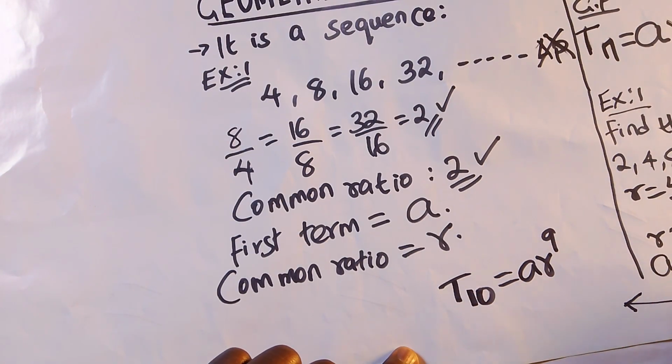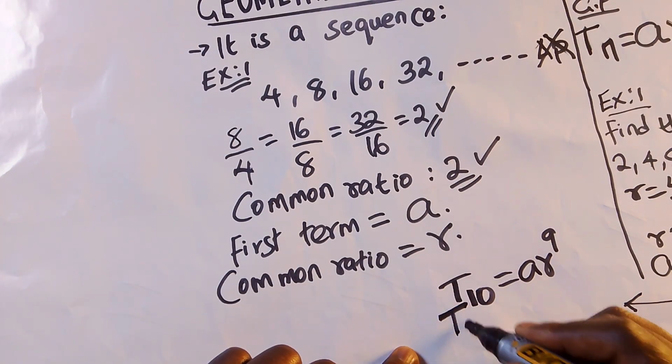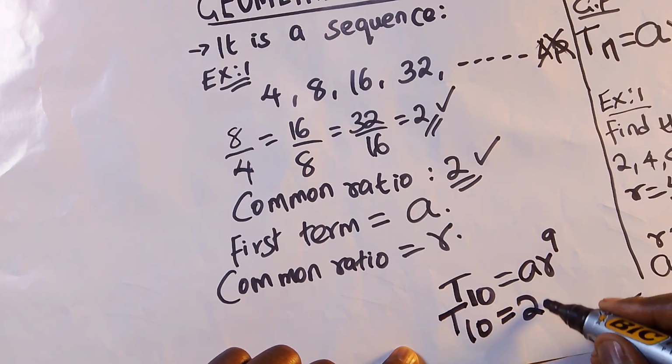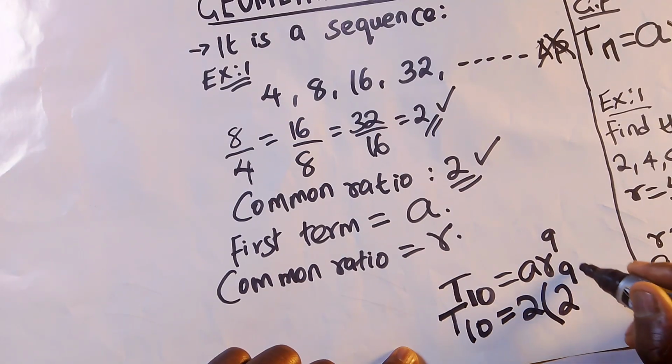Our A is equal to 2 and our R is equal to 2. Therefore, our 10th term will be equal to A, which is 2, multiplied in brackets by R, which is 2, to power 9.